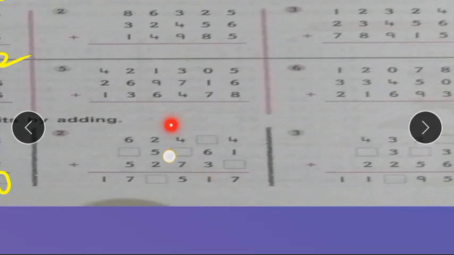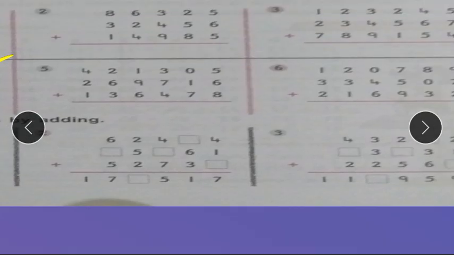Carry 1, then with the carry you have to add 4 plus 1, 5, 5 plus 7, 12, 12 plus 1, 13. In 13, how much will you add so that you can get 15? 3. Hmm, so here in this box you have to write 3. Understood, children? So complete all the exercises which are given on this page.